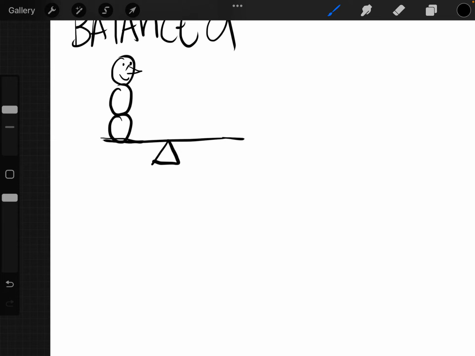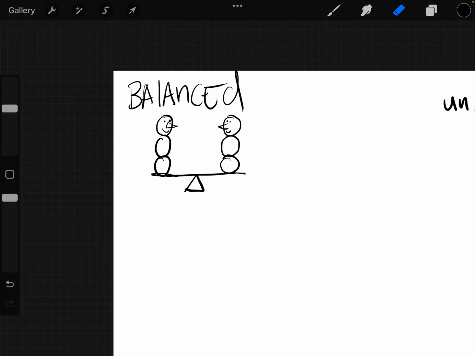He's sitting over here, right? Now, if I were to draw on this side also a little snowman like this, then basically they are weighing the same amount, right? And because they are weighing the same amount, they are in balance, right?